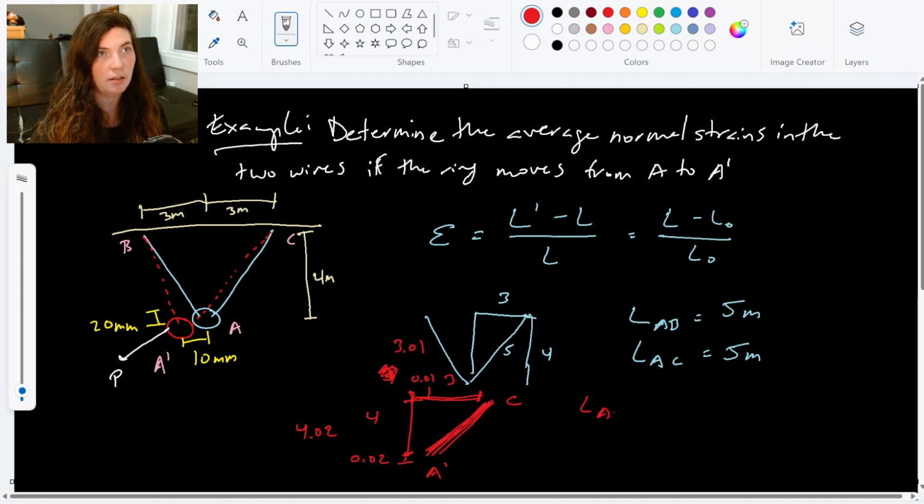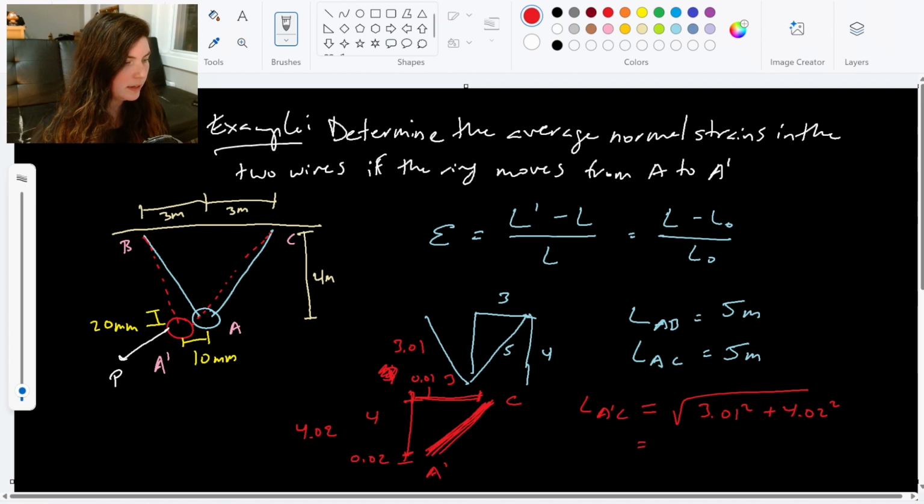So the length of A prime C is going to be the square root of 3.01 squared plus 4.02 squared. If I punch that into my calculator, I get 5.022 meters.